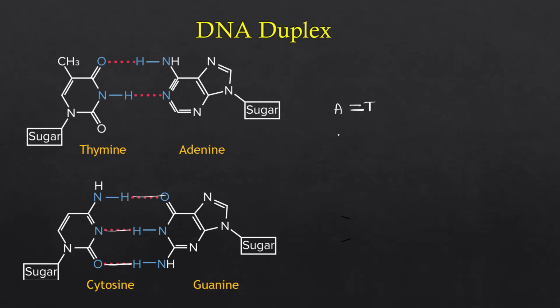Remember, adenine and guanine are purines. Thymine and cytosine are pyrimidines. And adenine also binds with uracil if it is RNA. This is DNA. This is both DNA and RNA.